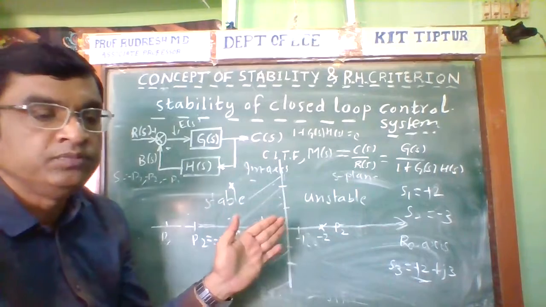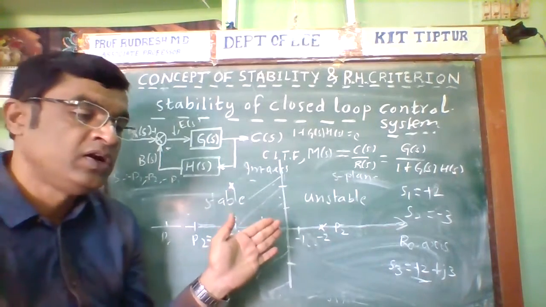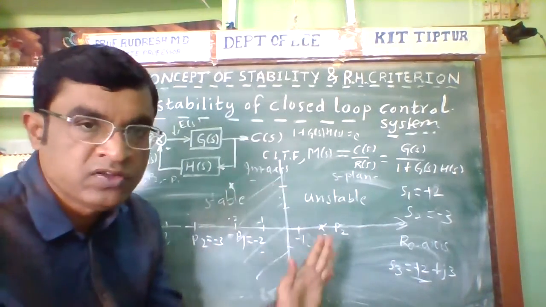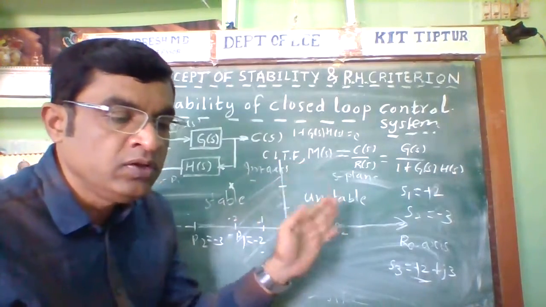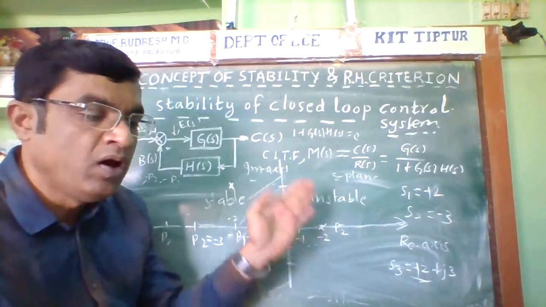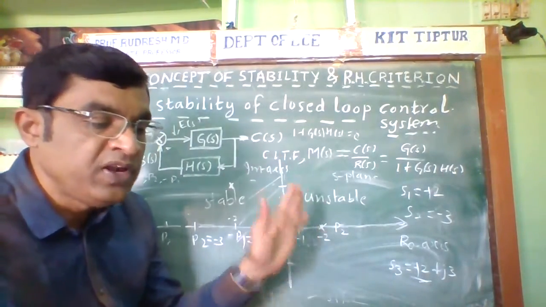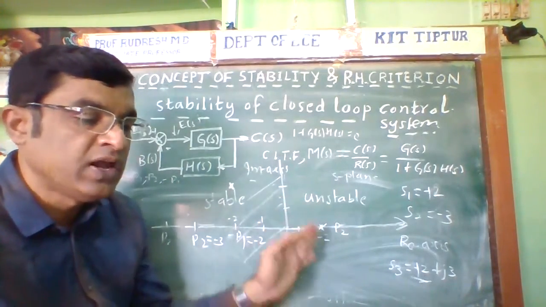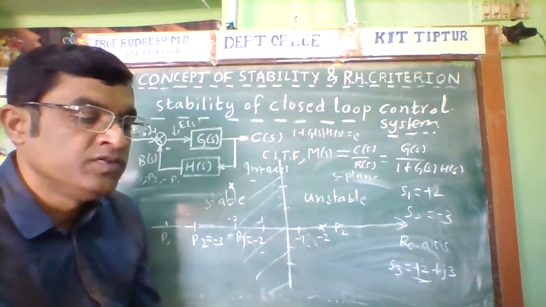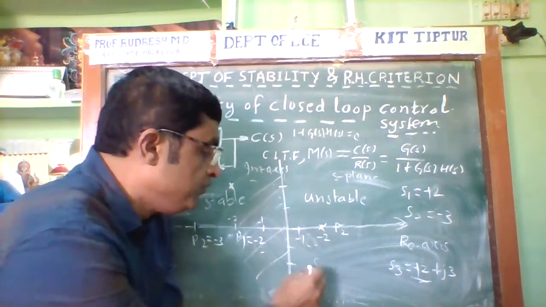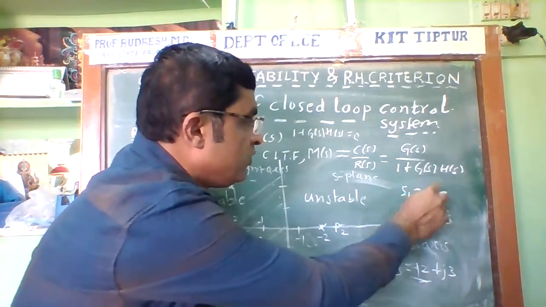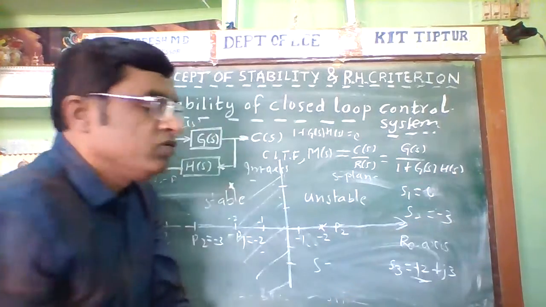Now, what is another mathematical condition to analyze the stability of the control system? A control system is said to be just stable or limitedly stable if any one or more roots of the characteristic equation are 0. For example, S1 is equal to 0 and S2 is equal to -3.